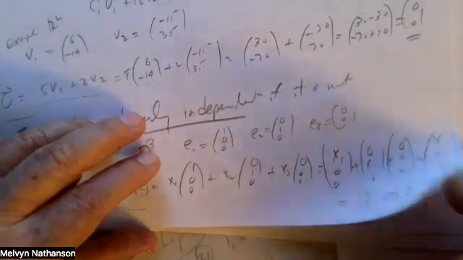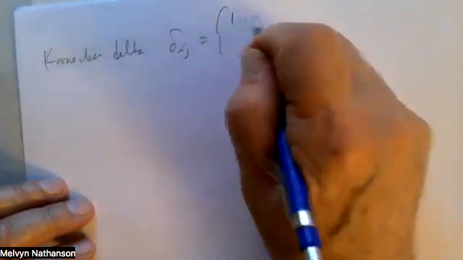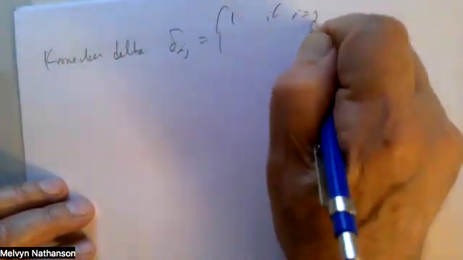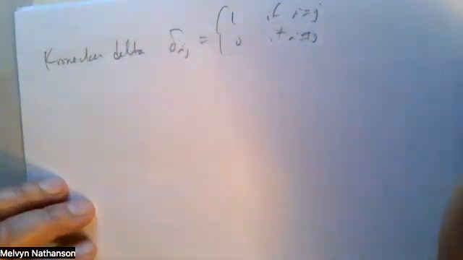Let me recall a very important function everywhere in mathematics called the Kronecker delta, delta ij. This is defined to be 1 if i equals j and 0 if i is different from j.